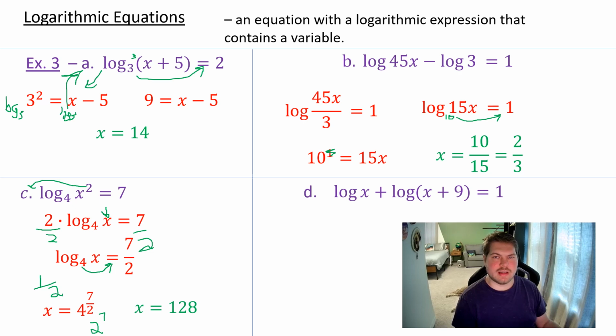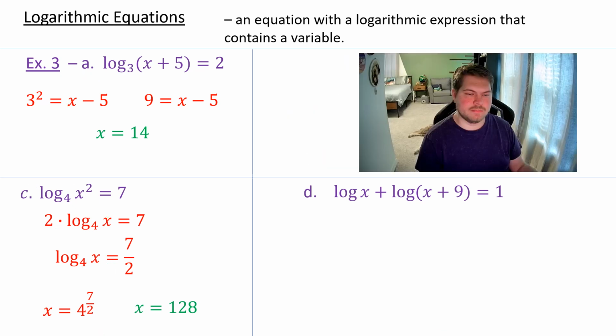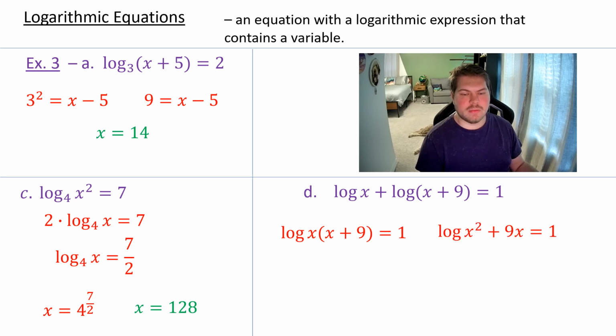All right, let's try the last example. So here we are adding 2 logs with the same base, which again is actually multiplication. So we're going to do x times (x plus 9), which is x squared plus 9x.